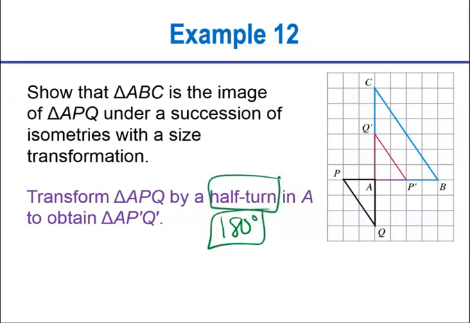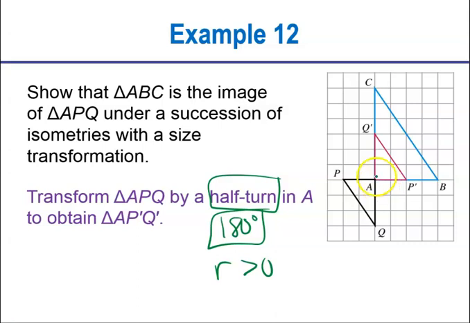Now we can do our dilation. So now we've got our reddish purple triangle on the inside, and we're trying to create the image and make it larger, right? So we know our R is greater than 0 because our image is larger than our pre-image by a scale of what? Okay, so let's compare.